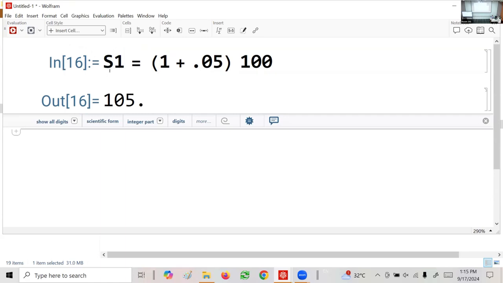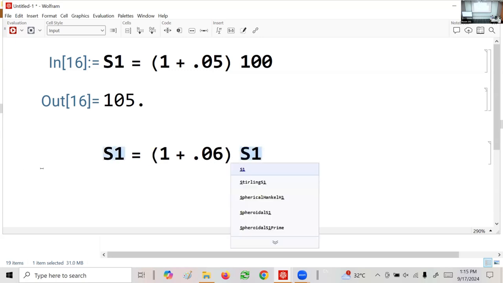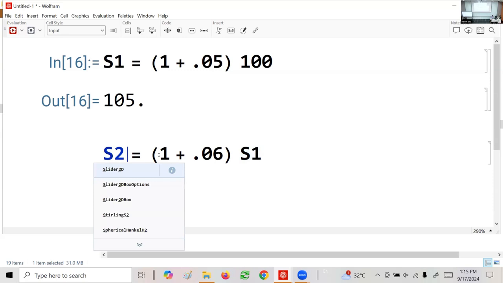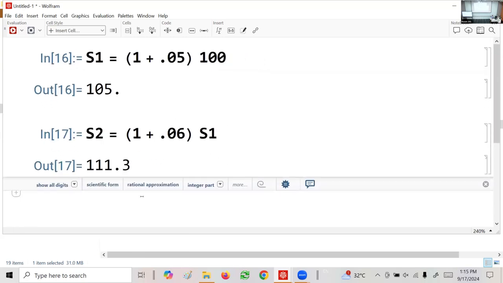Now, what about S2? S2 is equal to 1 plus 0.06 times S1. Okay, now you get this, right? So what's S3?